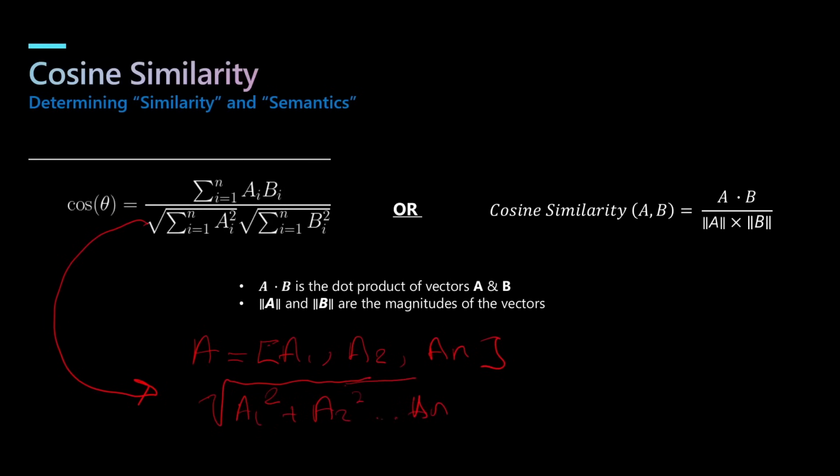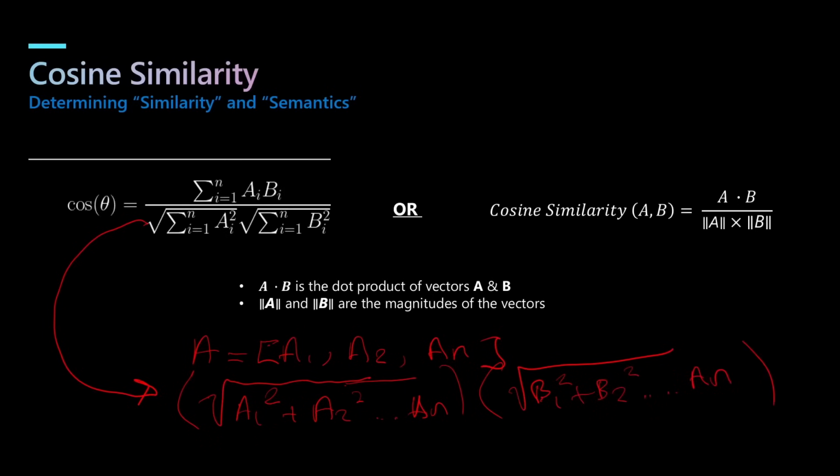This also goes for the second vector, which is vector B. So the denominator is a product of the magnitudes of those vectors. You would multiply that by the exact same thing for vector B: the square root of b1 squared plus b2 squared, all the way till bn squared. Then that's how you would get the denominator.